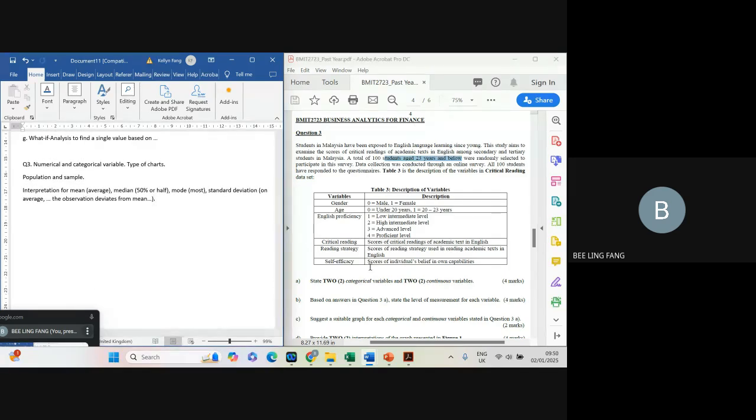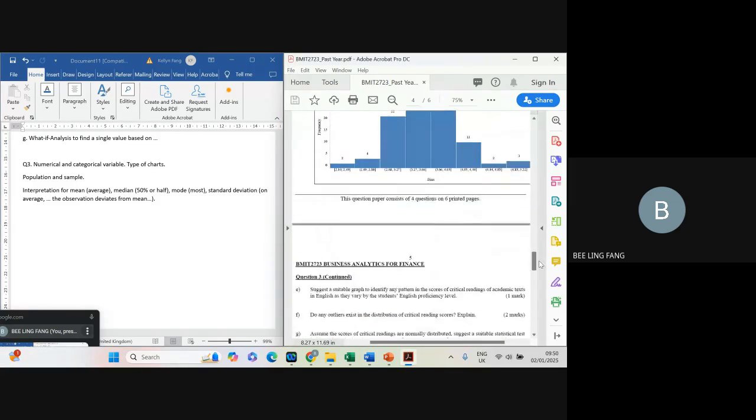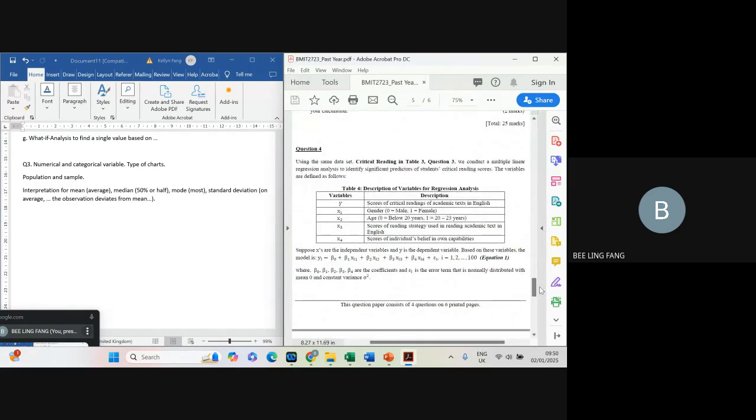Question 3 is more like descriptive statistics, okay? Then go to question 4. Question 4 is on correlation and regression.